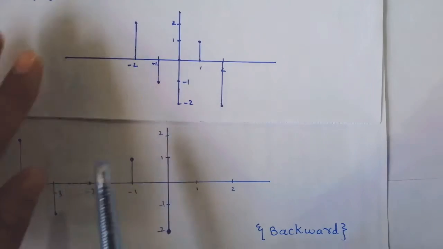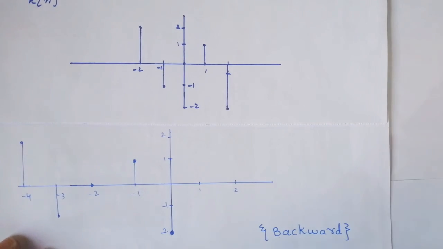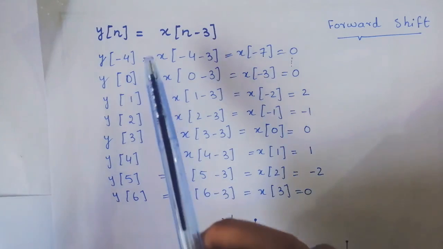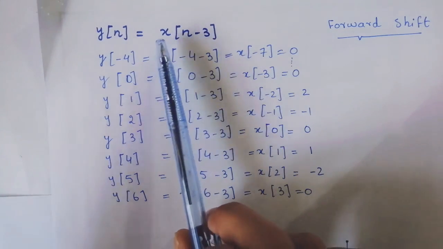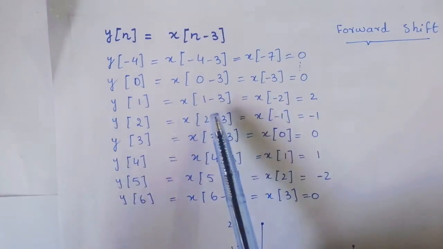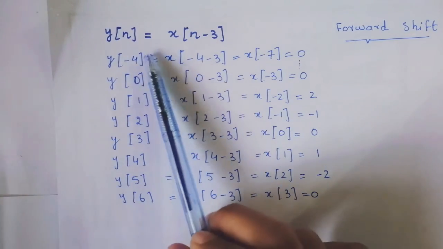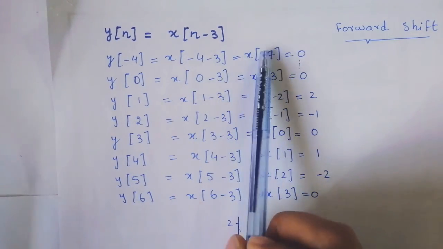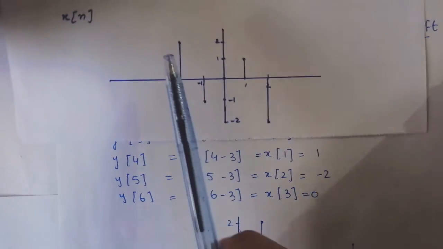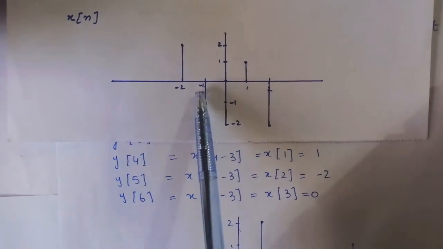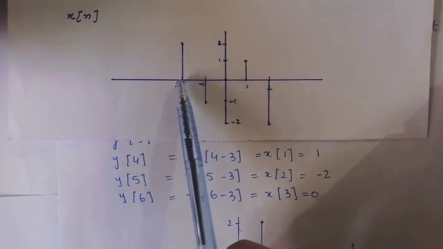If we added a negative number to the index, our signal would have moved forward. Here is an example of a forward shift, x of n-3. Calculation shows that when you add -3, it becomes x of -7, and we know there is no value at x of -7. We store values from -2.